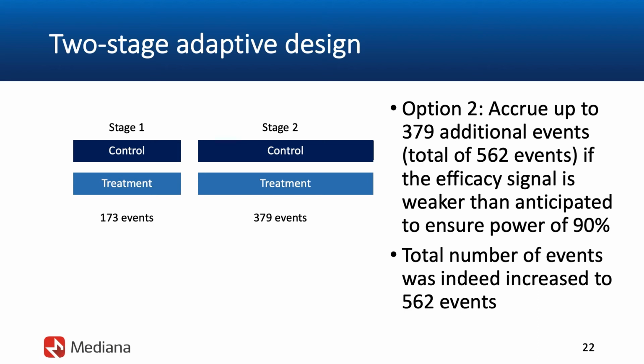What this means is that at the design stage of the trial, the sponsor could have potentially adopted a more conservative approach. They could have considered a larger trial with the goal of accruing 562 events. But this could have been potentially an overkill.